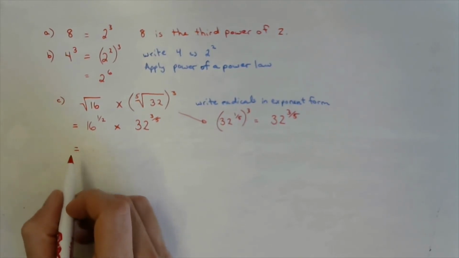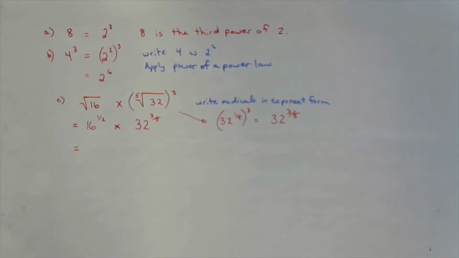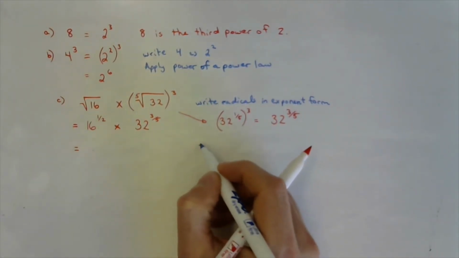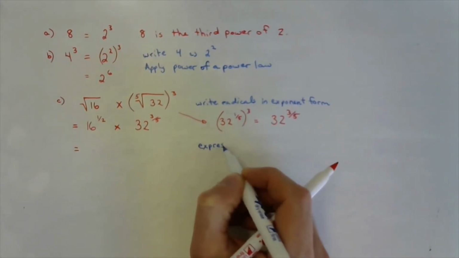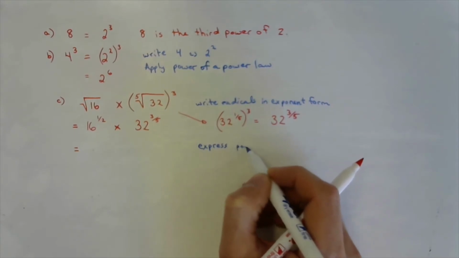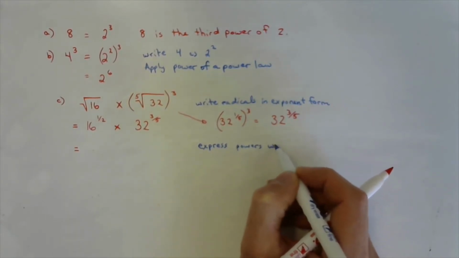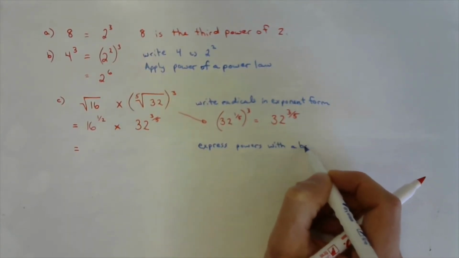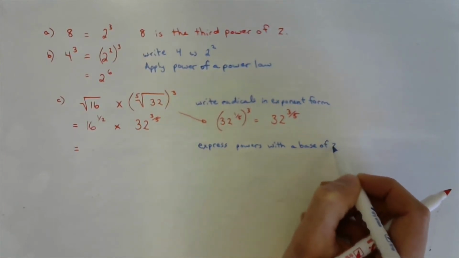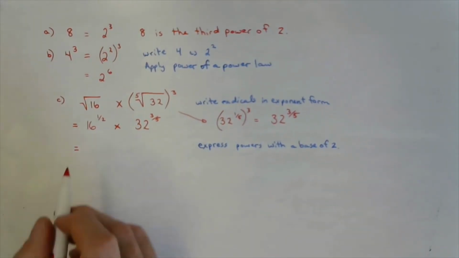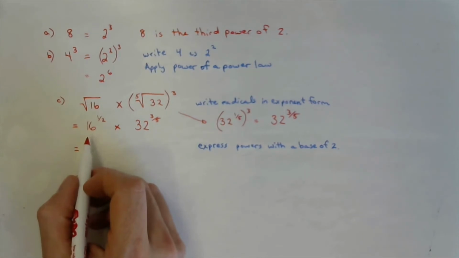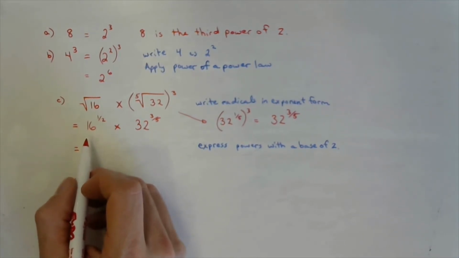Let's keep on going this way. So now at this point, we're going to express everything as powers with a base of 2. So 16 is actually what? 2, 4, 8, 16. 2 to the power of 4.